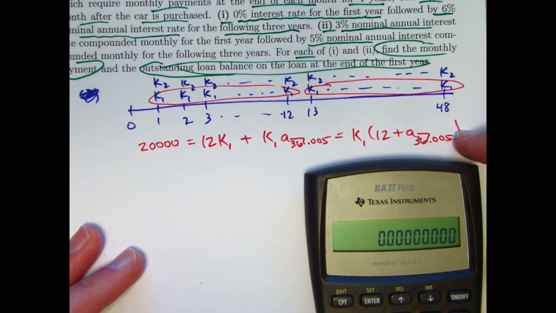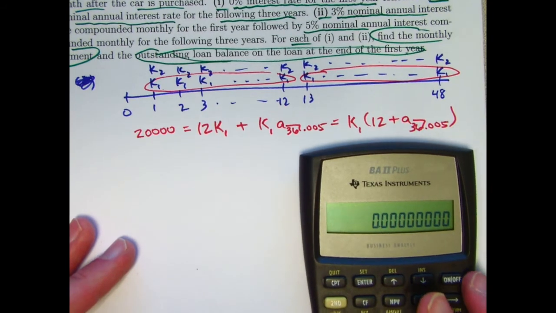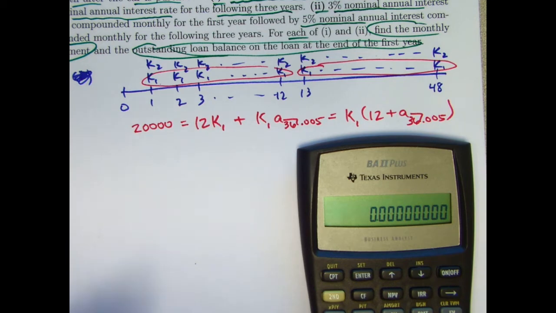I'm going to figure out A36. I'm not going to write down the formula for it, I'm just going to use it in my head here. Hopefully you've got enough practice with this where you can do it in your head as well. 1 plus i in this situation would be 1.005, where i would be the monthly interest rate. Take its reciprocal to get v, the monthly discount factor.